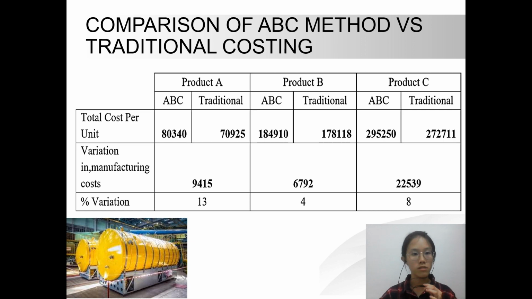The ABC method reveals that the plant-wide costing system undercosts the low-volume products A, B, and C. Activity-based costing has revealed that low-volume, specialized products cost more than managers have realized.